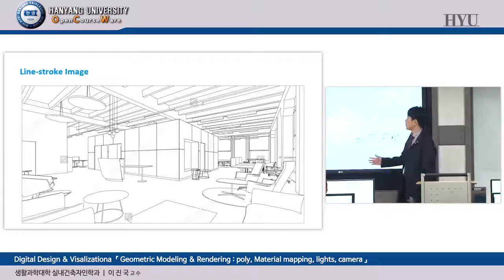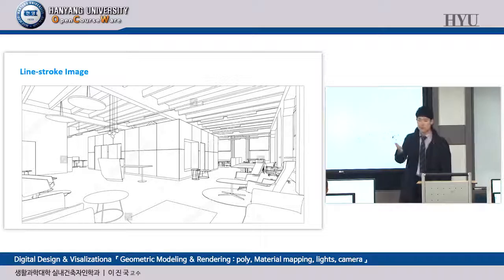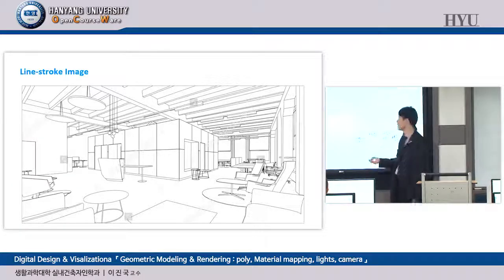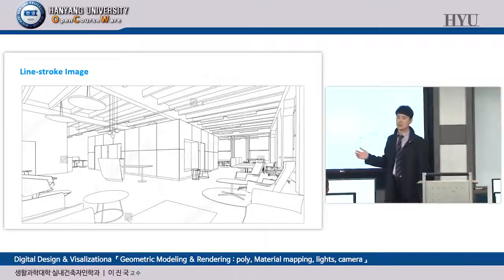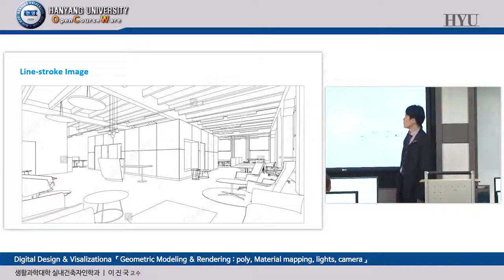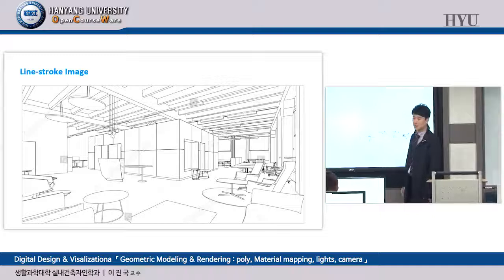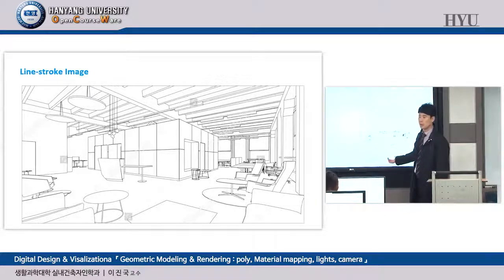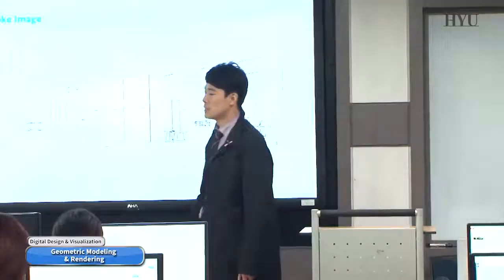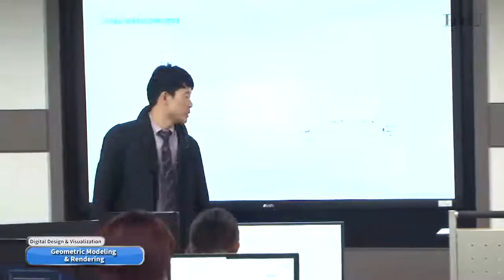So thanks to ultra wide angle control, what you have learned in 3D Max camera, you can make this kind of line drawing, line stroke scenes, even in SketchUp, in order to maximize your interior features, geometries looking like a designer's view, okay? That's my point.